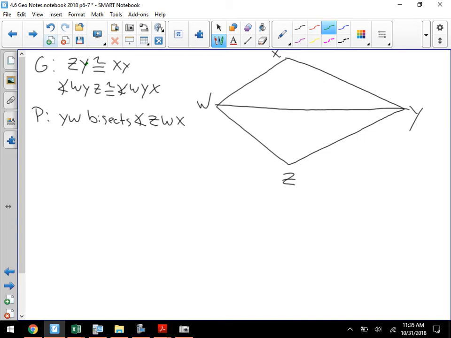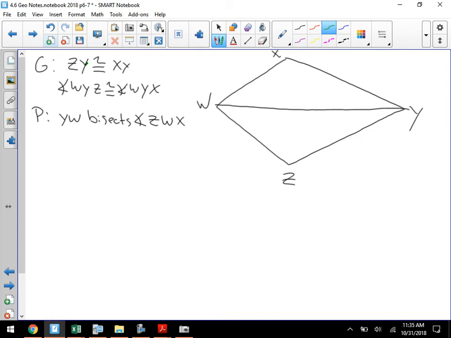So this one here, we've got segments ZY and XY congruent. Angle WYZ is congruent to angle WYX.